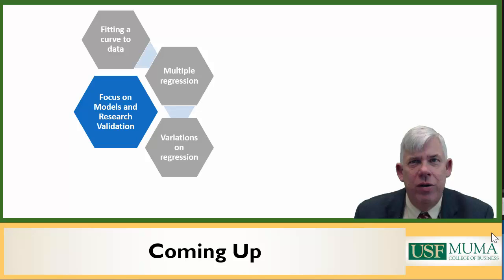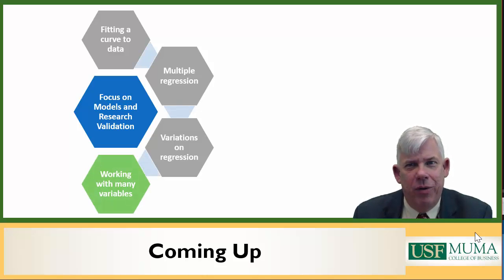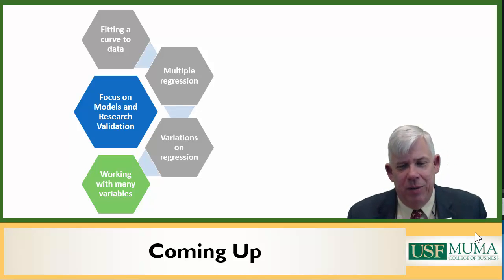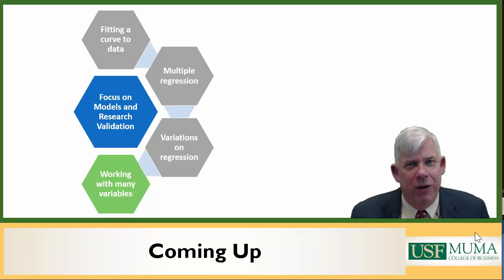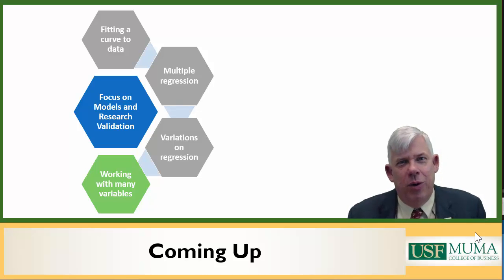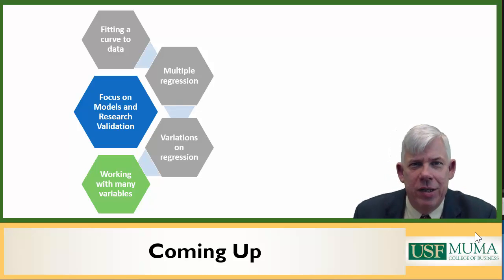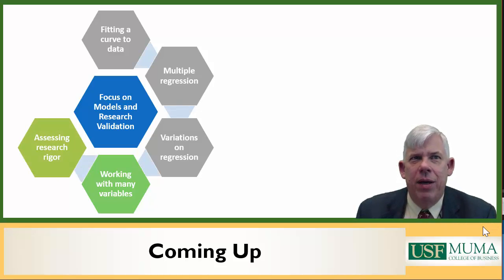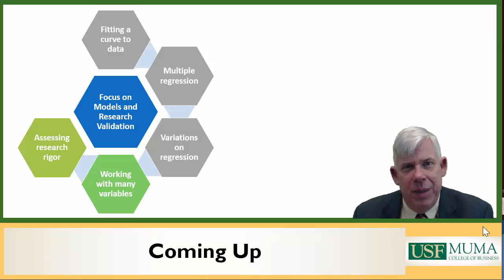Now what we're going to turn to is some other more complex ideas, and the idea of how to deal with many, many variables, and how to abstract, say, 25 independent variables into 3 or 4 meaningful combinations that we can talk about in a sensible way.